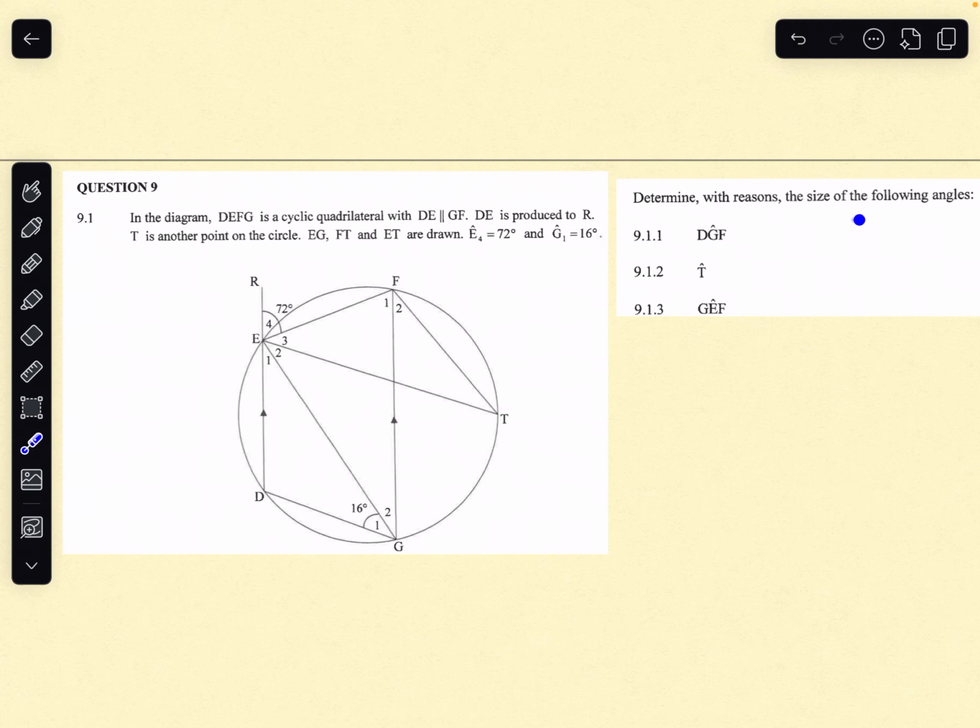Determine with reasons the size of the following angles: DGF. Okay, so this is that exterior angle relationship that we identified. So DGF is equal to 72 degrees.